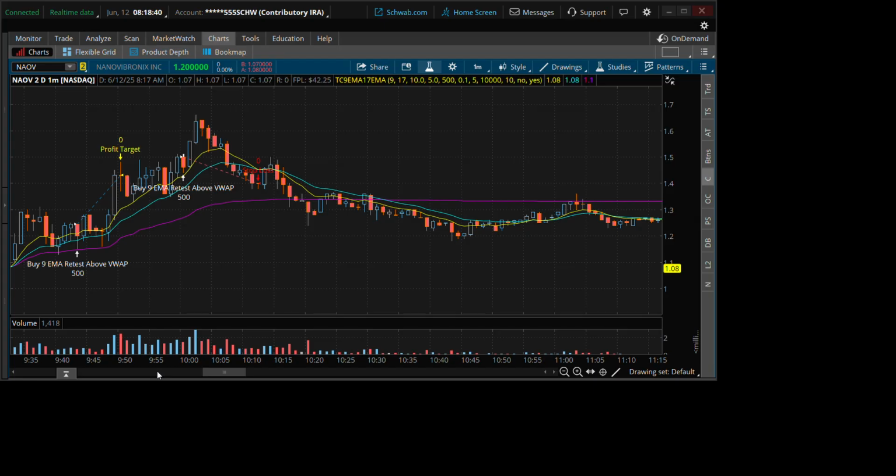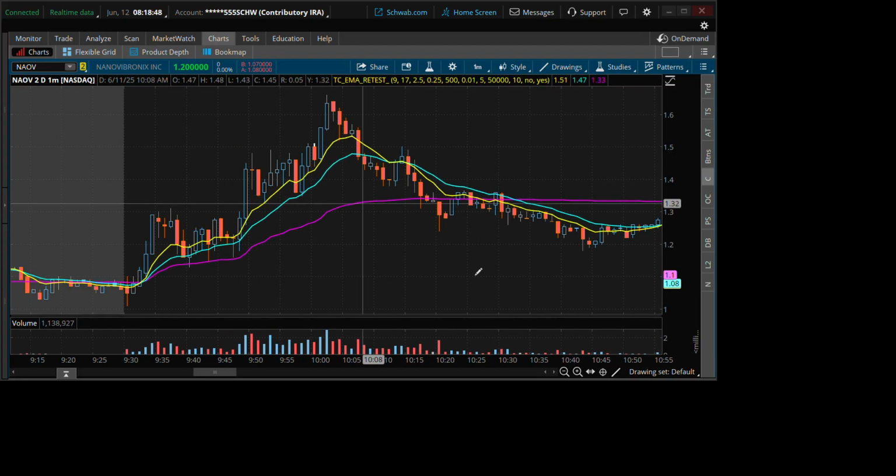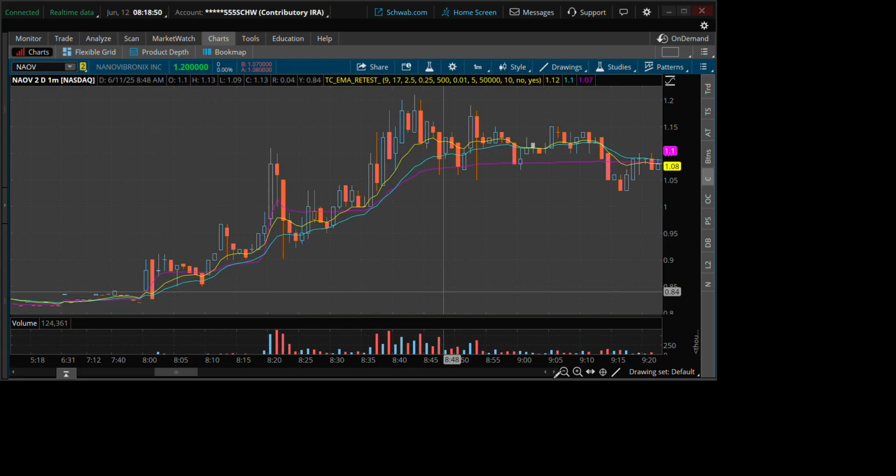You're going to want to add selected. That'll pop up over in the strategy. Hit apply and OK, and now you have the strategy loaded in there.